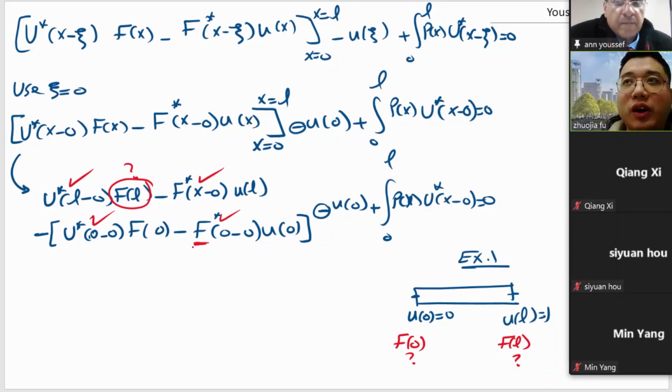Before the front. This one? Top one? This one? This part? No, I think can. Wow.